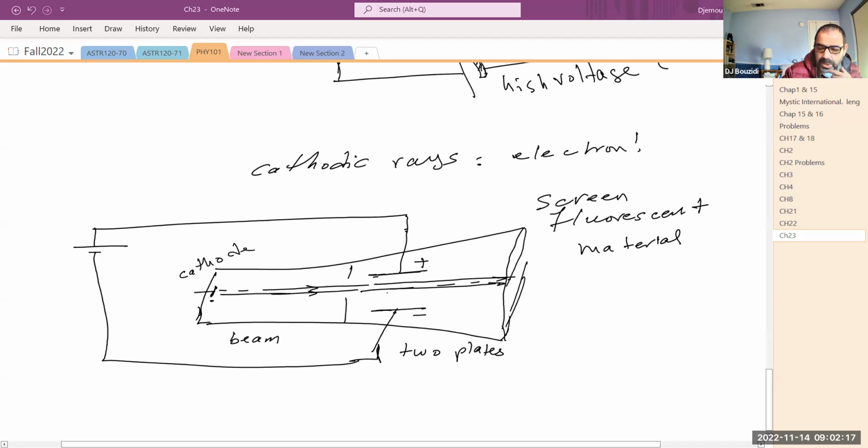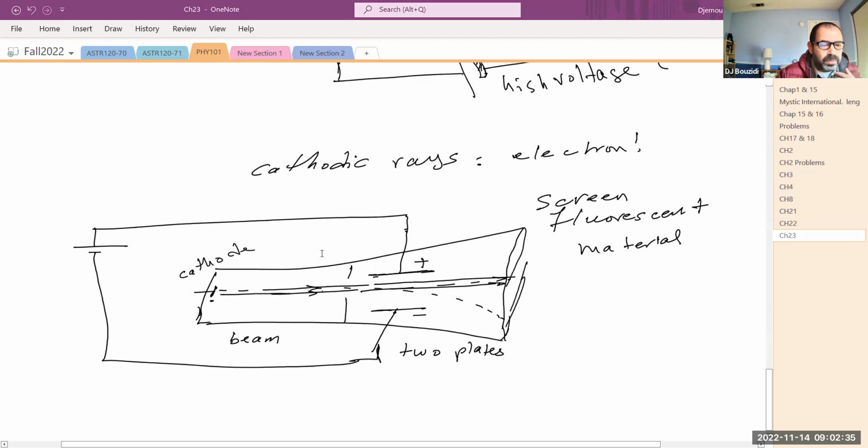So if this were positively charged, obviously they would be repelled by the positive plate and attracted by the negative plate. So they will bend this way, and they will fall on the fluorescent screen in the bottom of the screen.